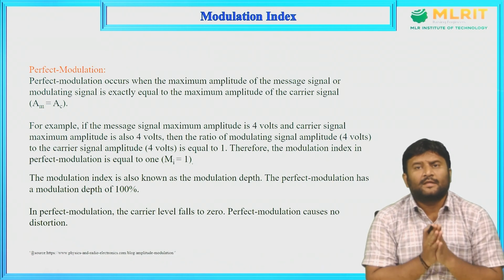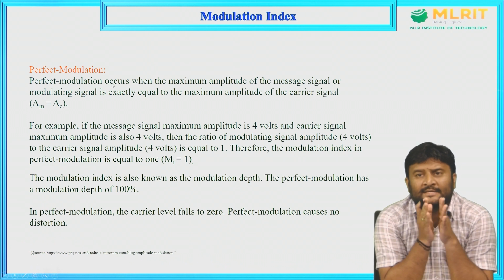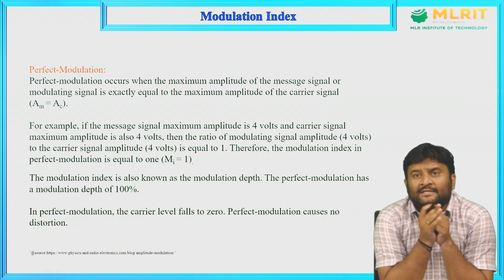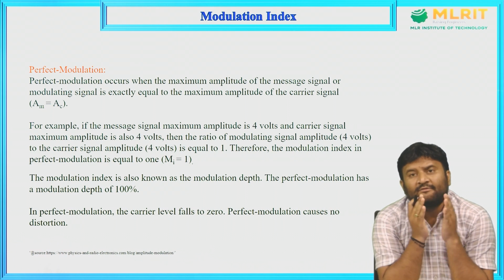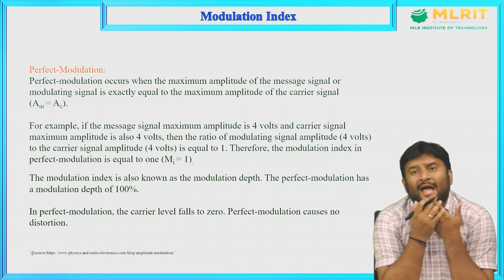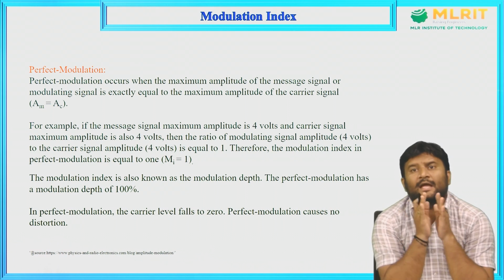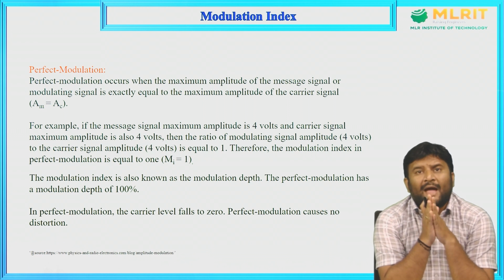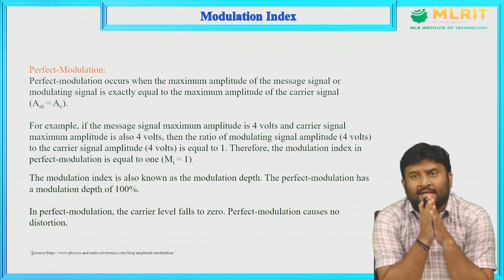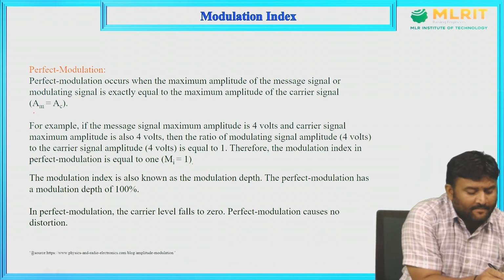Observe here, the perfect modulation index is nothing but the maximum amplitude of the message signal and the maximum amplitude of the carrier signal, both values are equal. That's why here AM is equal to AC.